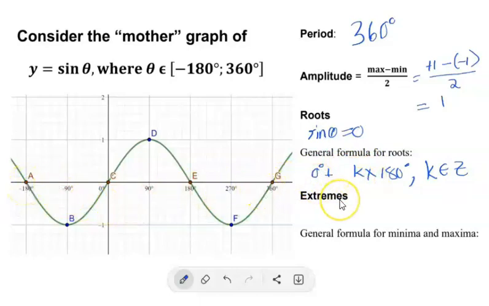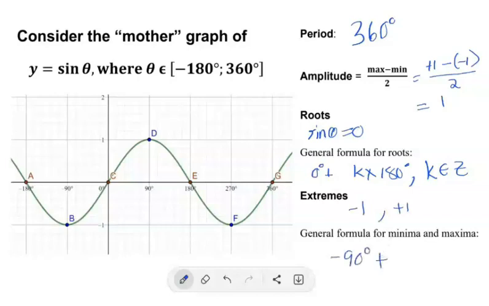So the extremes, we can also write a general formula for the extremes. The minimums will be at B and at F, and we can again say, okay, let's start, we know the extremes are minus 1 and plus 1. So let us start with, for instance, at B we have minus 90 degrees.